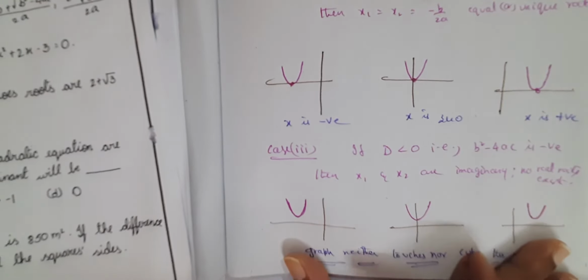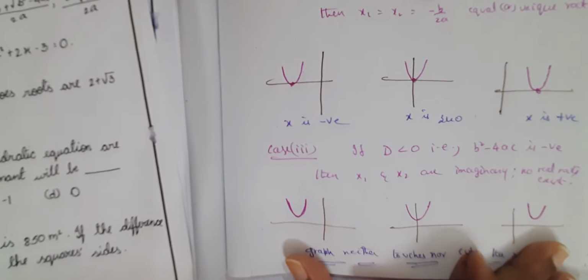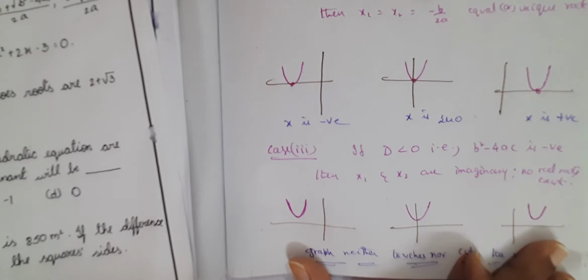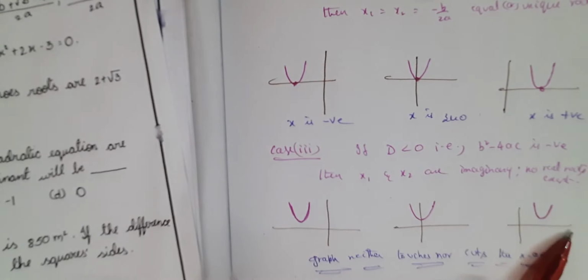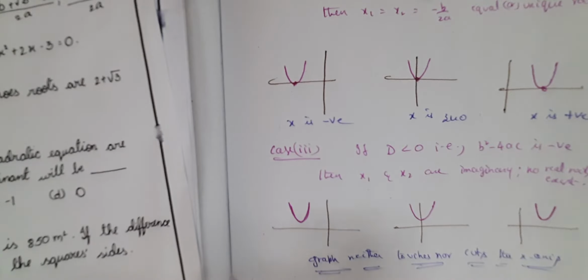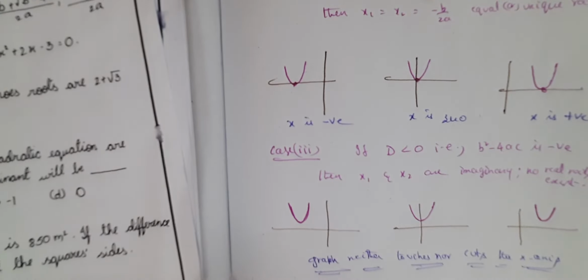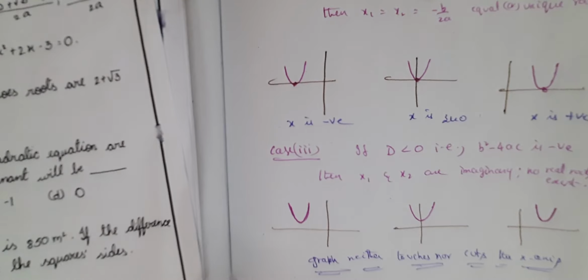So this is how graphically we can represent the quadratic equation, that means the curve defined by a quadratic equation depending on the discriminant values, right? So in case of no real roots, the graph neither touches nor cuts the x-axis at any point. This is very, very important.